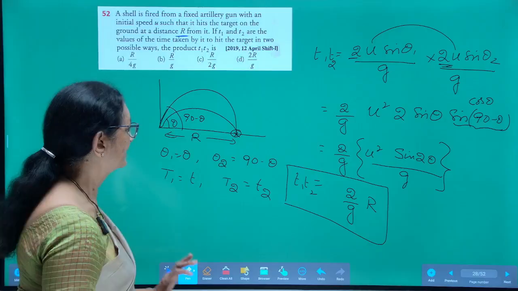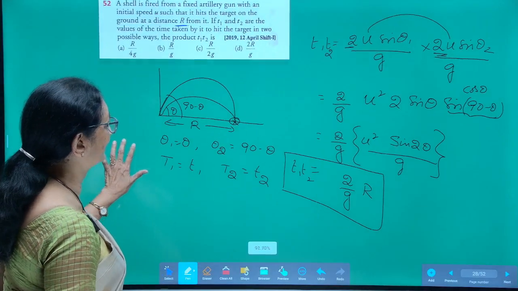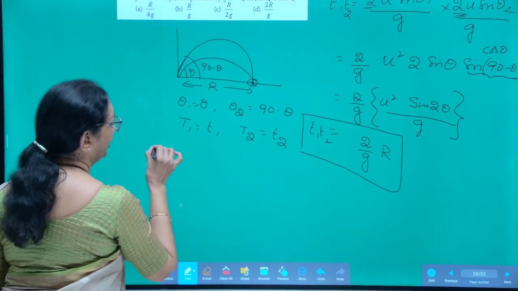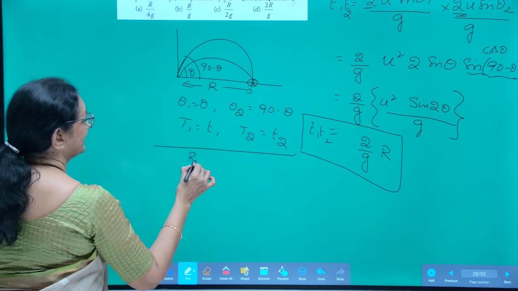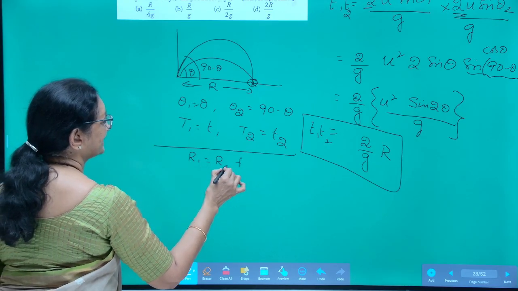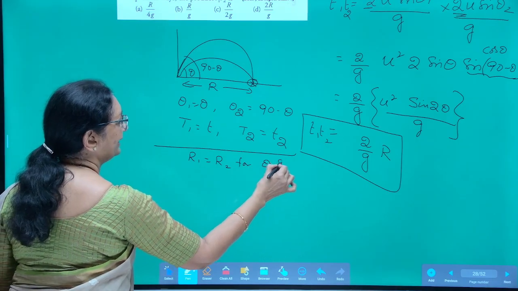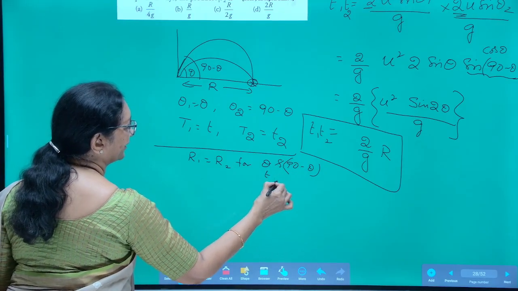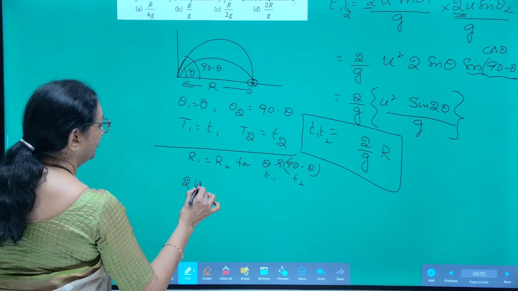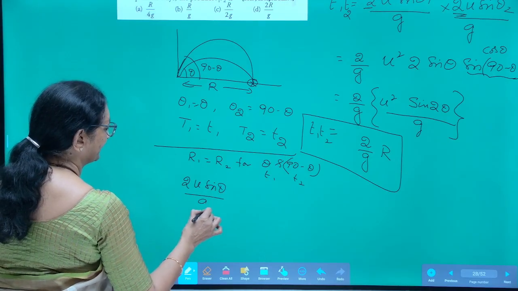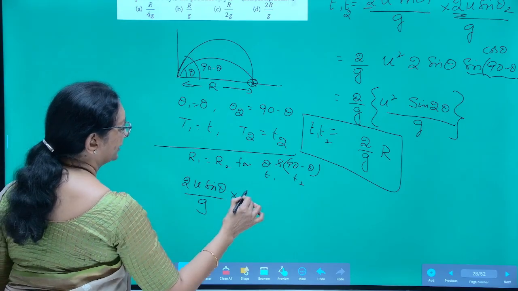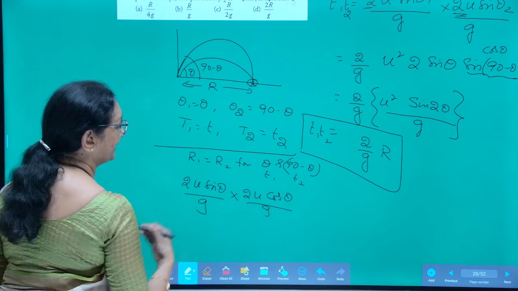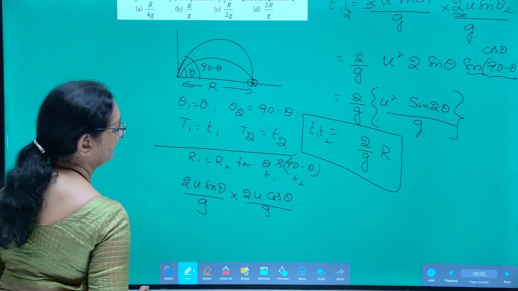Is it okay? I just repeat that question again because it is a very important model. Look here, range is same for angles of projection theta and 90 minus theta. For this, if times of flight are t1 and t2, 2u sin theta by g is time of flight for one, and 2u sin 90 minus theta, that is cos theta, by g is time of flight for the other.